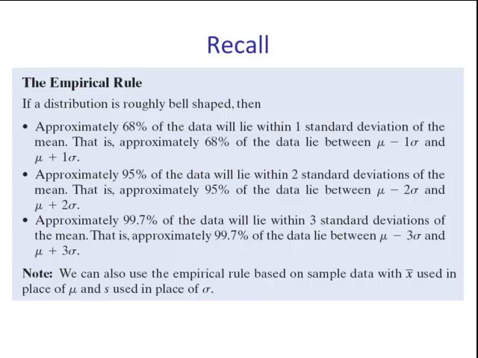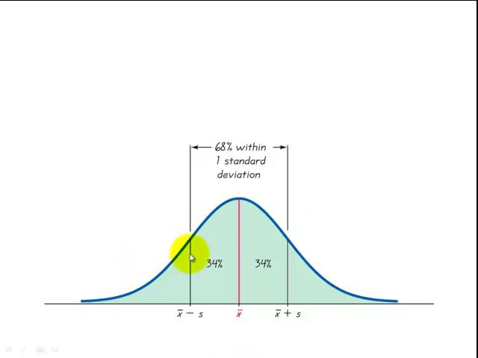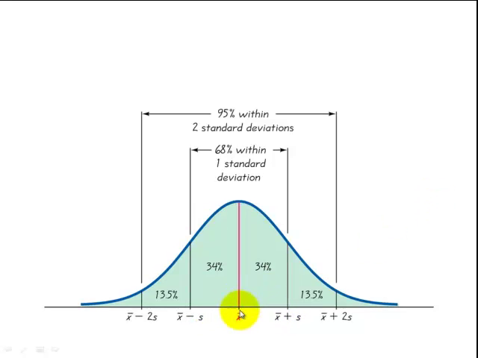Let's look at a visual. The distribution is roughly bell-shaped. We expect the majority of the data, approximately 68%, to be within one standard deviation below the mean and one standard deviation above the mean. Now if we go two standard deviations below the mean and two standard deviations above the mean, this middle area, we expect it to contain 95% of the data.